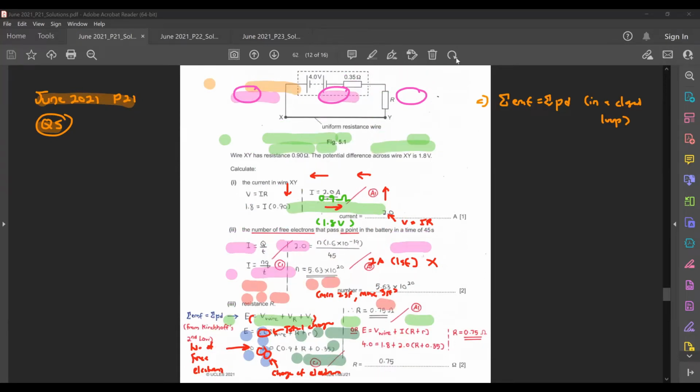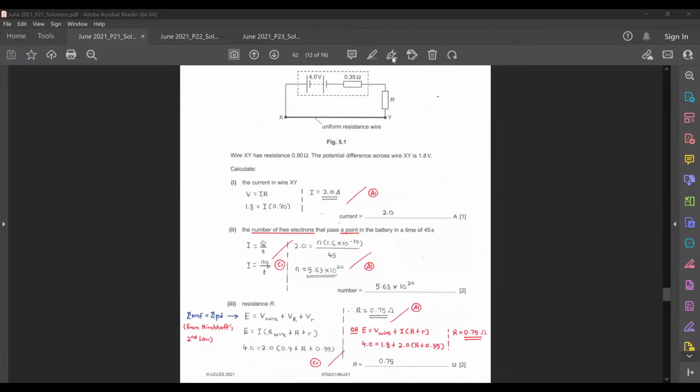Now then, after that, if you move to the bottom part where they ask you to find the resistance R of your wire, the resistance R of your wire is this one. Okay, so just now the uniform resistance wire that they mentioned to you was this one.